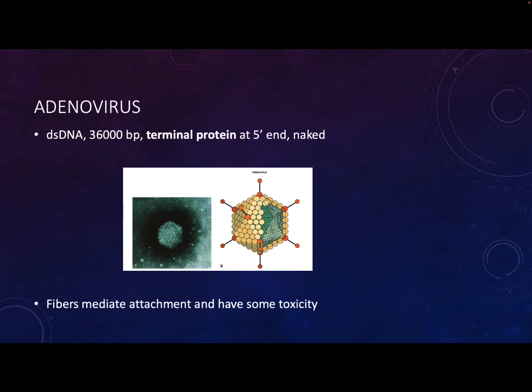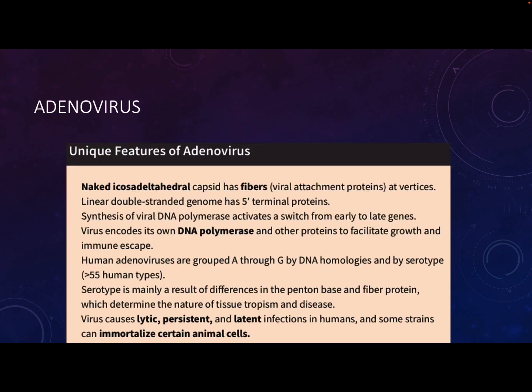This is what they look like under a microscope. And these fibers, they're proteins that stick out from the surface here, are usually what they use to attach. So yeah, they have those fibers. They have their own DNA polymerase to help facilitate growth of the host cells and to escape the immune system.